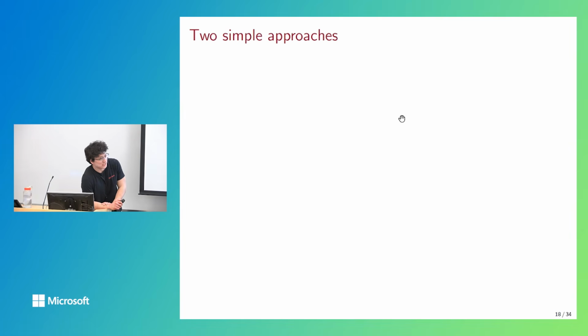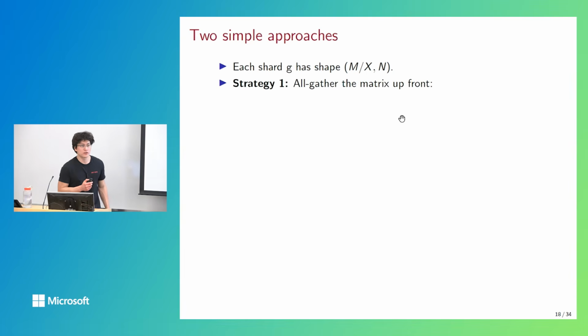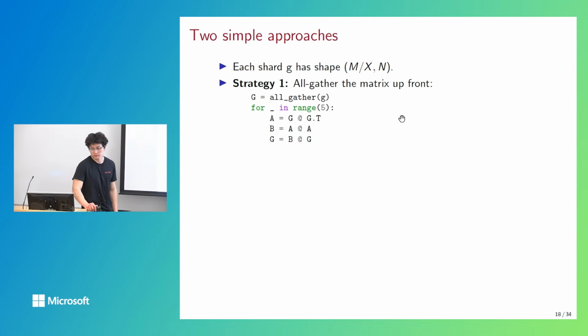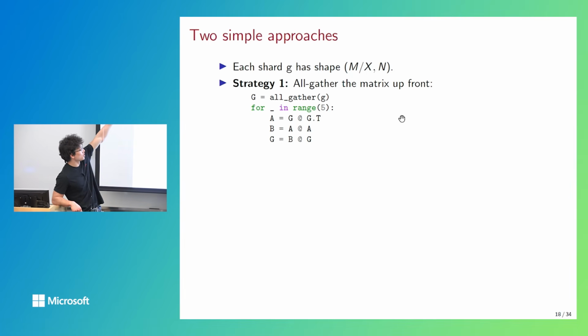Two simple approaches you can think of here: since the gradient matrix is sharded, what if you just all-gather up front and then launch this for loop iteration? It'll be like this. Starting from the small g, you all-gather to get G, and then launch the Newton-Schulz iteration.